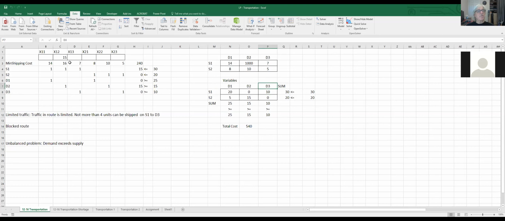Which means I want this variable to not be more than 4. Well, I can go back to the previous method. I'll put 1 here. I'll put here less than or equal to, and I put the value 4. So now x13 will not be more than 4.